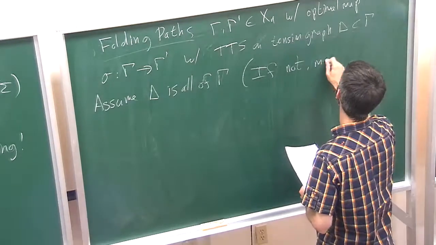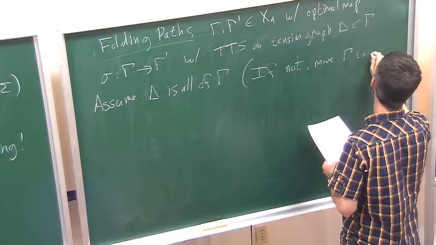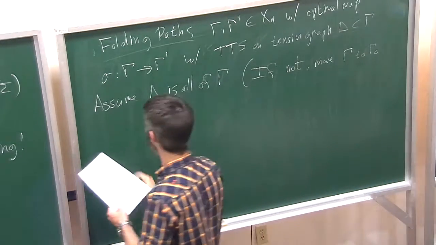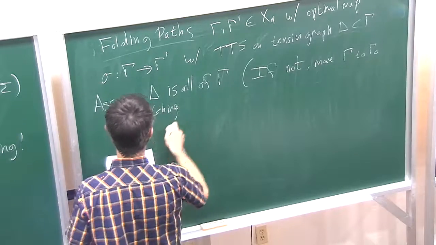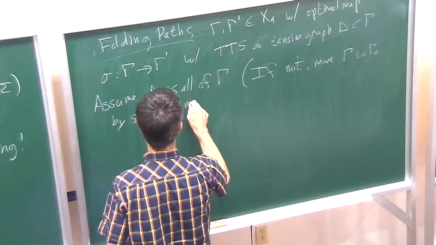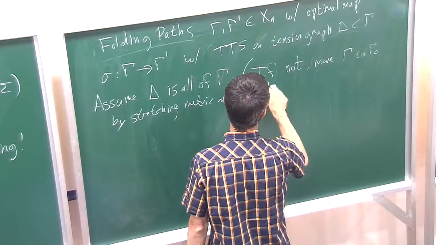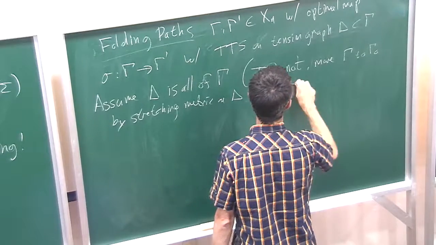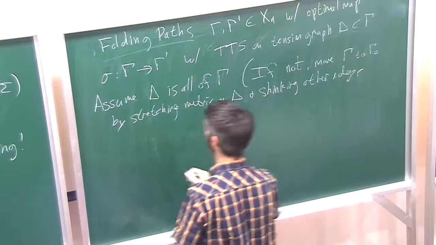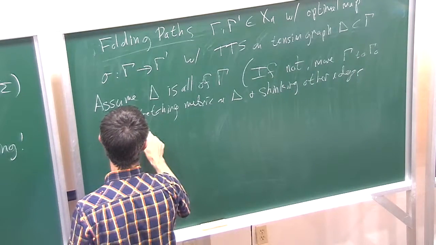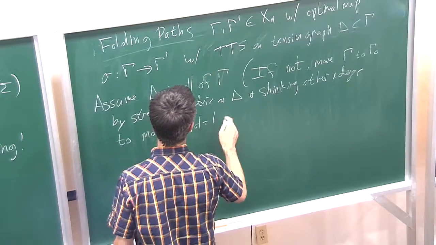So if not, I move gamma to some new point called gamma naught by stretching the metric on delta and shrinking the other edges to maintain always volume equal to 1.